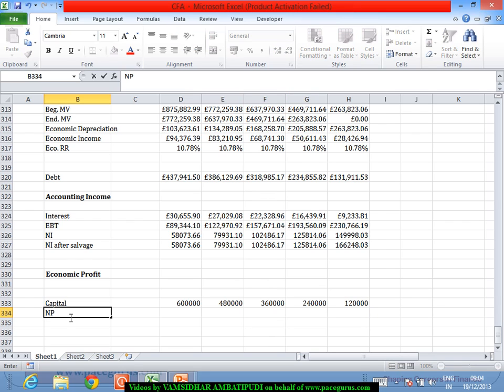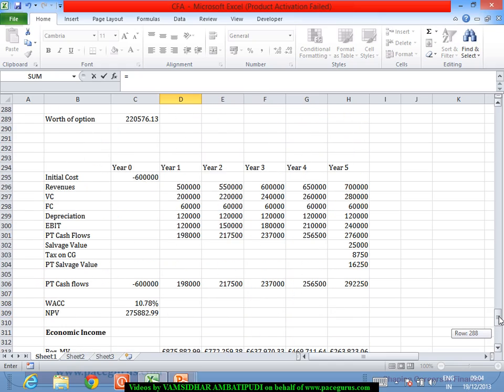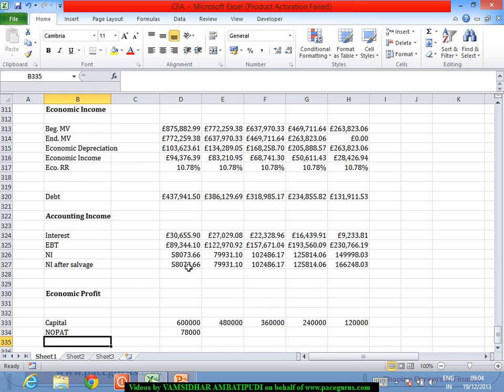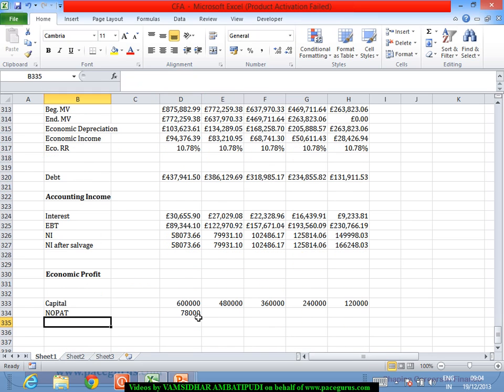And when I am taking the net operating profit after tax, which is nothing but EBIT into 1 minus T, in each of these years I am taking EBIT into 1 minus T. T is 35%. So EBIT into 1 minus T forms my net operating profit after tax.